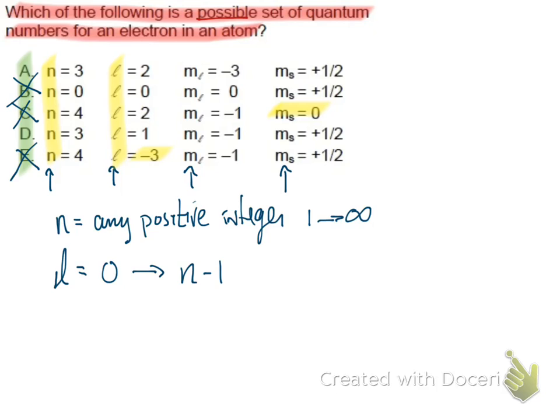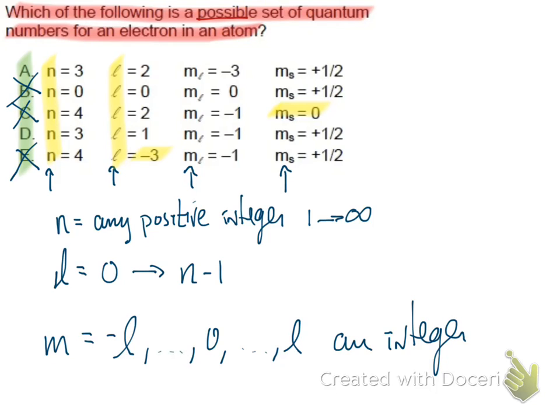And then l has to be less than n, and so both D and A are still okay. Then we look for ml. What are our rules for ml? Well, ml has to be equal to minus l through 0 to l, and it needs to be an integer.